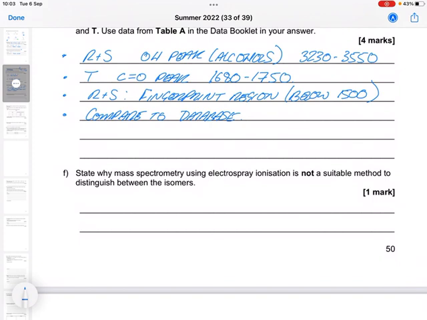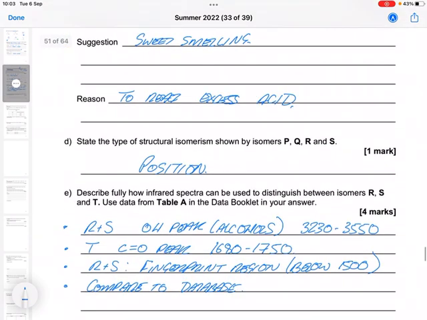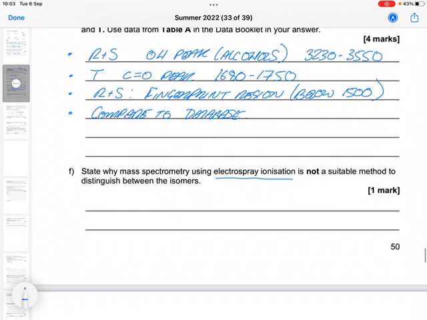And because they're all structural isomers, they're all going to have the same Mr, so they'll all have the same MH+ peak. Therefore, the m/z peak will be the same as well.